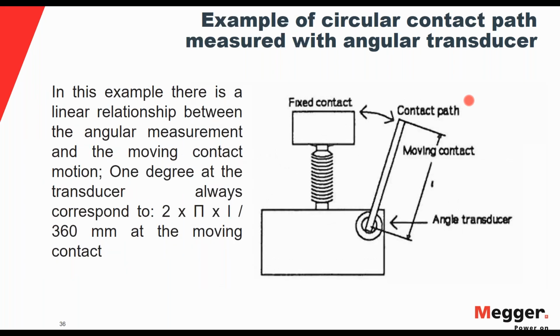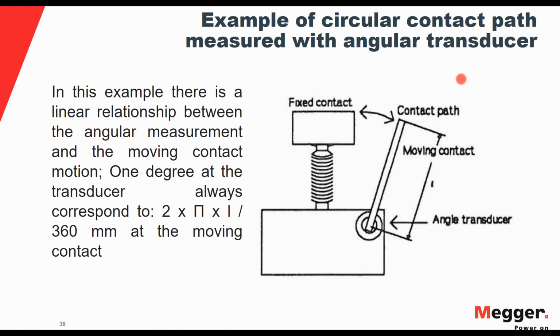Another example is for an angular motion. Here I'm measuring an angular motion. I have an angular transducer that is connected to a gear controlling an arm. Now this arm is moving in an angular shape like this. Just by finding the radius, or the starting angle to the end angle, I can find the millimeter value that this contact is traveling.